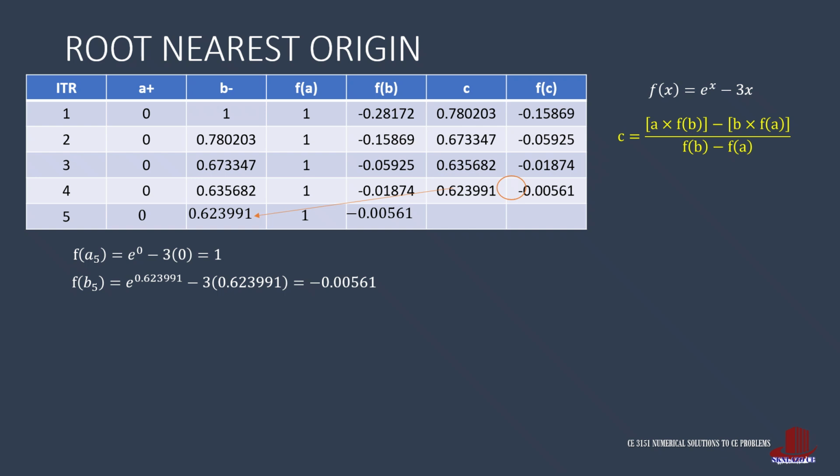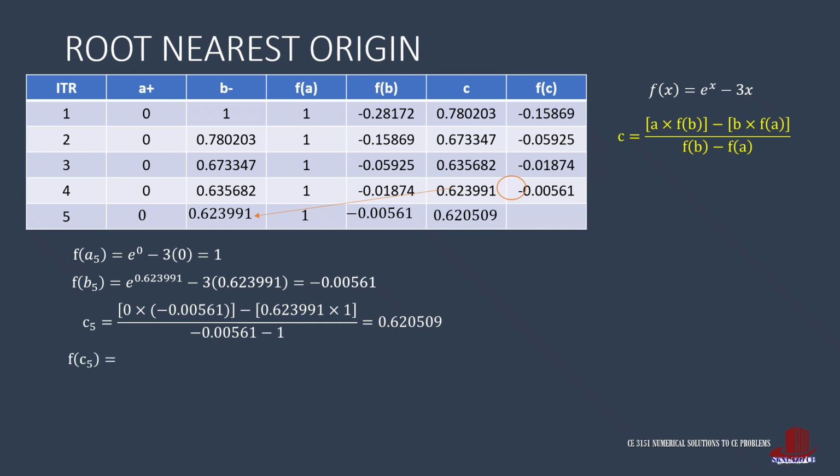Having all these, compute for C, which turns to be 0.620509. By using this value back in the function, we get f of C5 as -0.00165. We have 2 decimal zeros at this point, so we are near the end of the iteration.